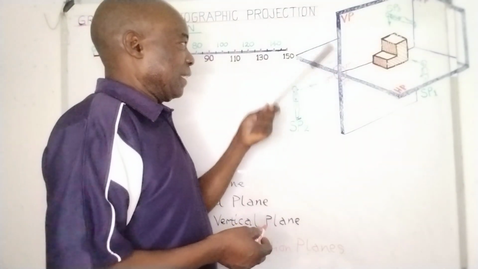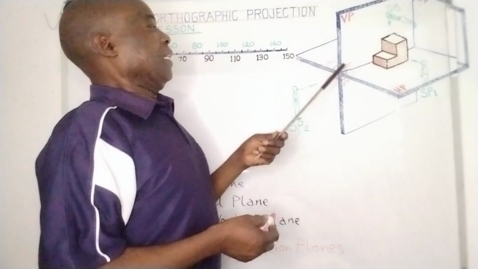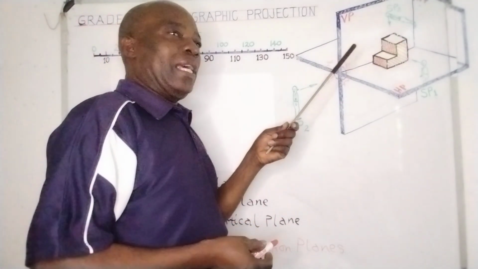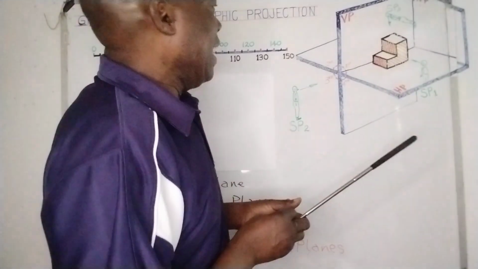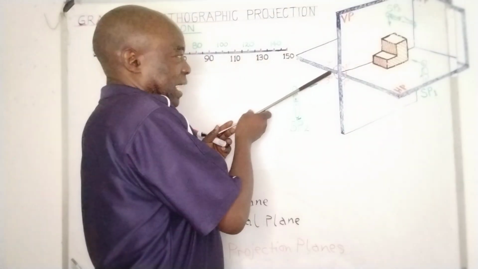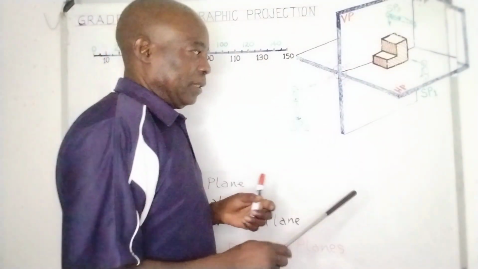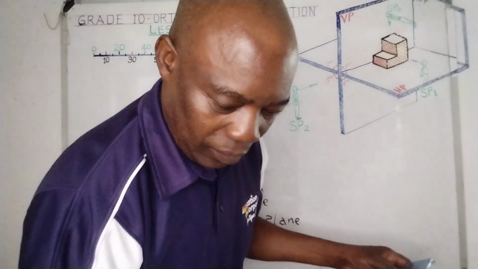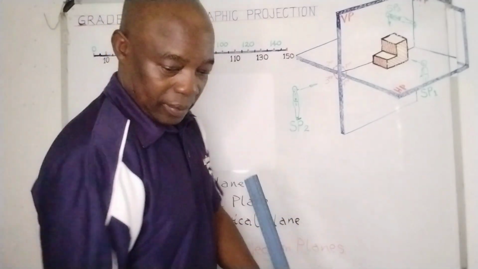Let me just quickly sketch that. Let me use the colors which are there. Right, so it will be like this.